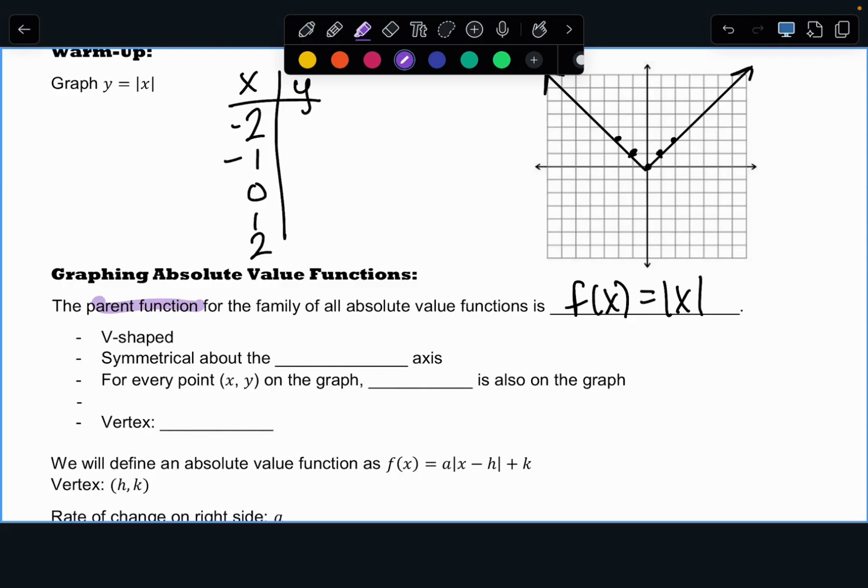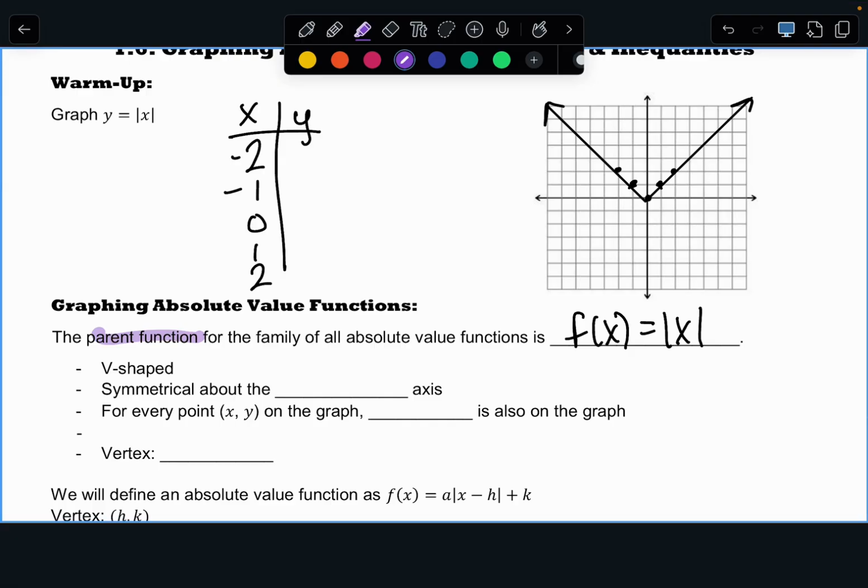Okay? It is symmetrical. Does anyone remember what symmetry is from geometry? Same on both sides. Yeah, it's like same on both sides, mirror image. It's symmetrical about, what line do we think it's symmetrical about? Yeah, the y-axis. We can fold our graph essentially over this line, and it's going to match up perfectly with itself. Symmetrical.